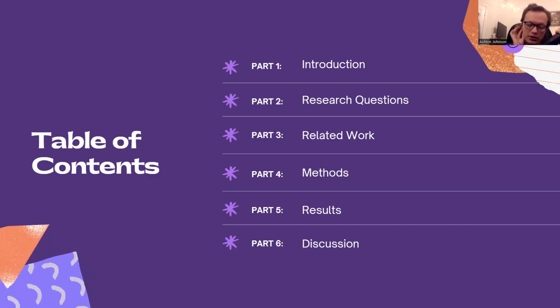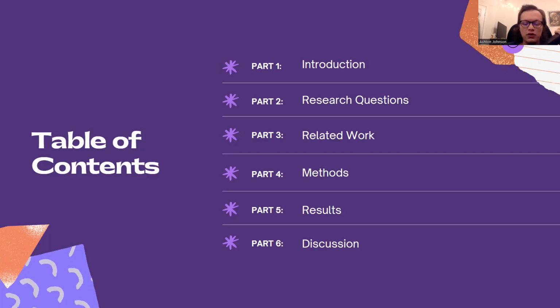Related work, people that have done similar work and almost the same work. For this, it ended up being almost the same work. There aren't many people trying to use data science in particular for a topic like this.